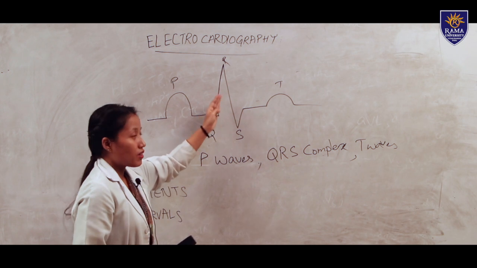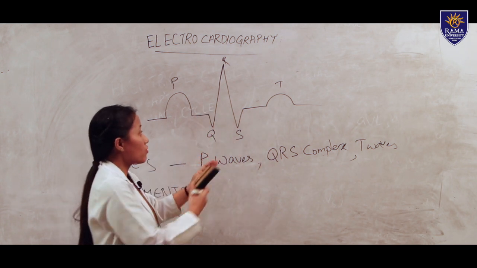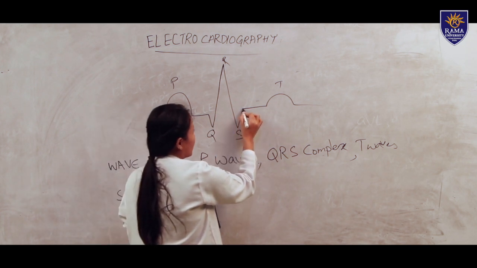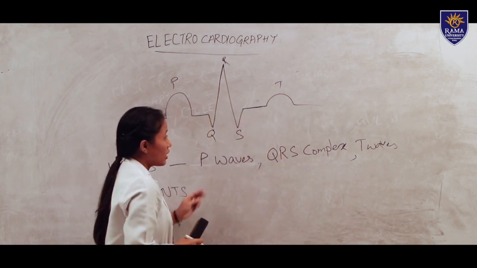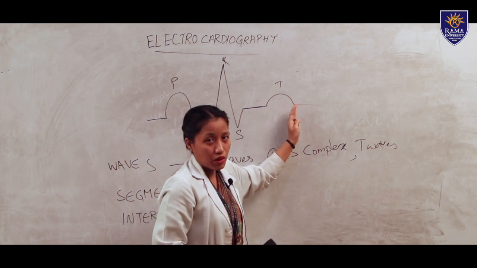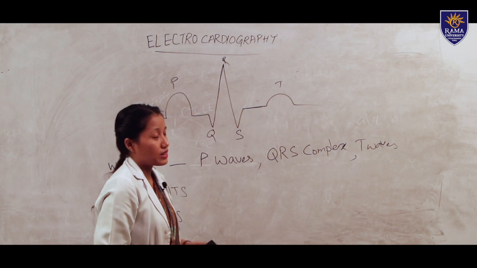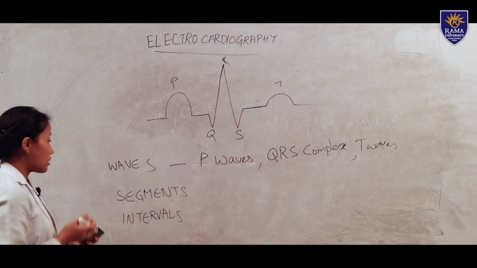After completion of the ventricular depolarization, the current won't pass, so it forms an isoelectric line, and the next waveform is ventricular repolarization.